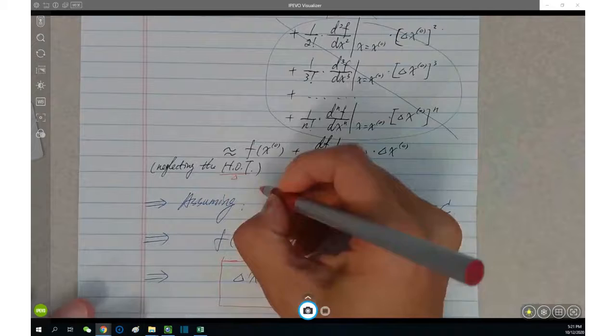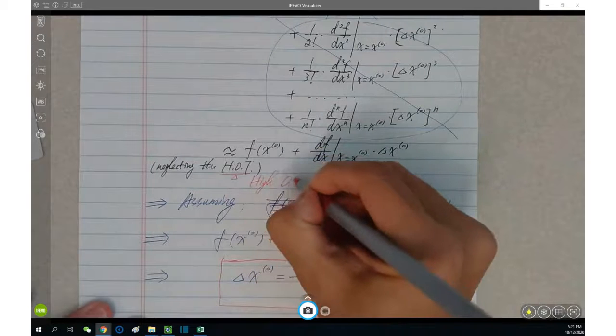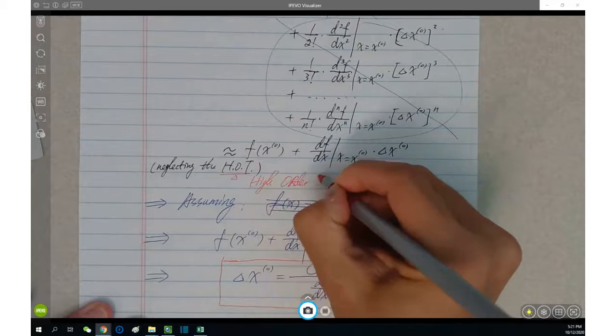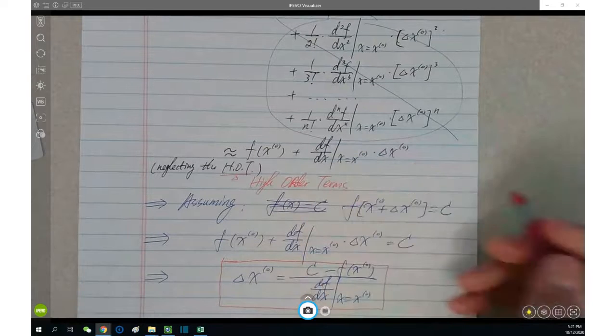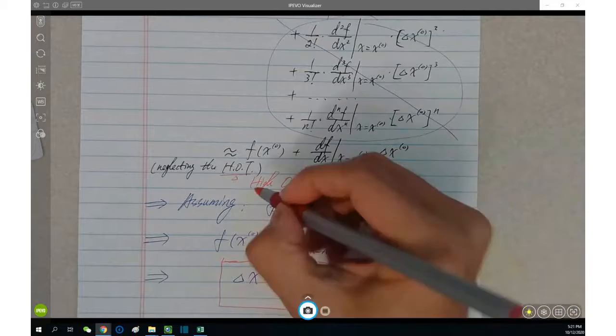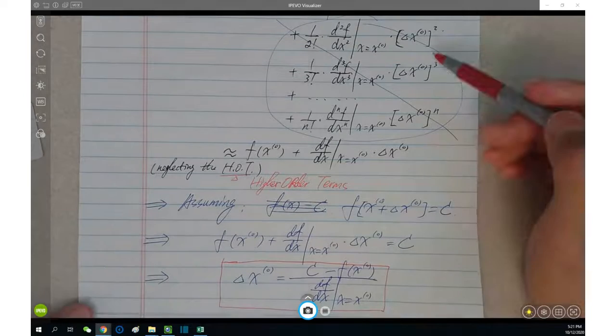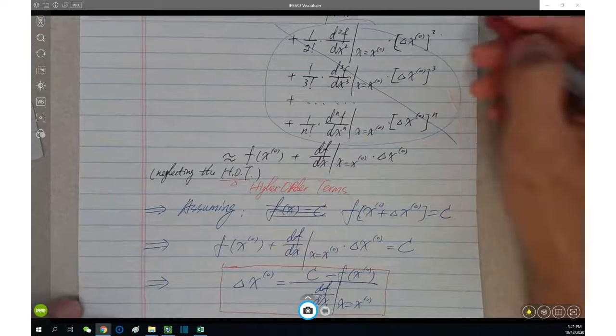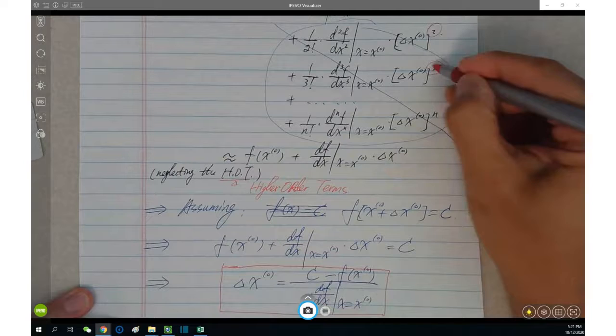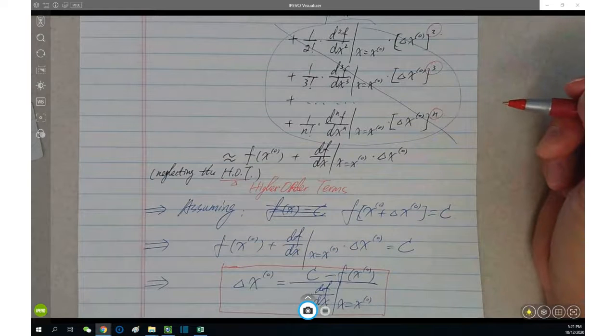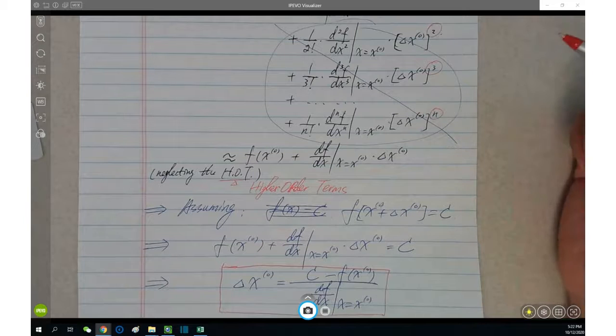Good, higher order terms. Generally speaking, look at these. Why are they called higher order terms? Square, cube, nth order. Why could higher order terms be neglected? Anyone knows?